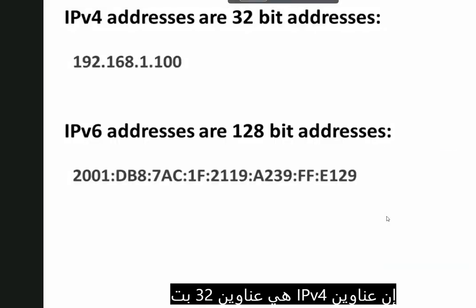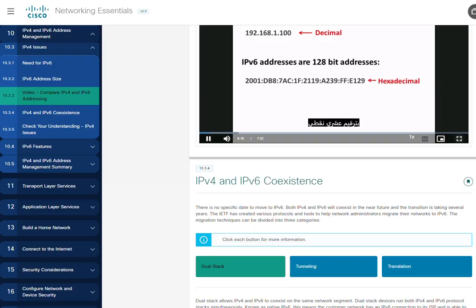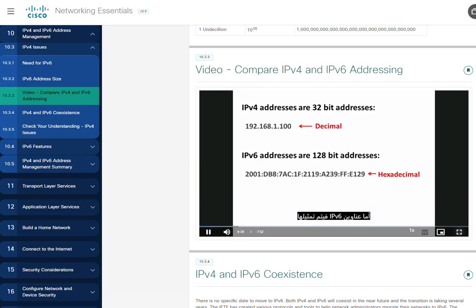IPv4 addresses are 32-bit addresses, and IPv6 addresses are 128-bit addresses. But typically, IPv4 addresses are represented in dotted decimal notation, and IPv6 addresses are represented by colon-separated hexadecimal notation.